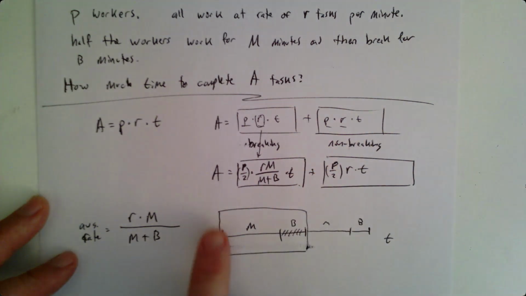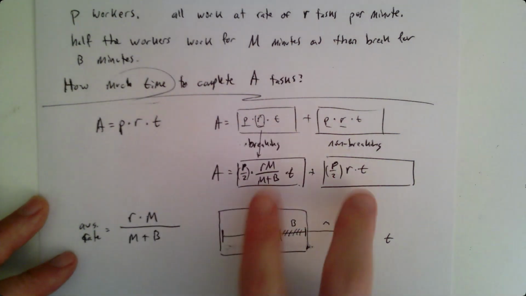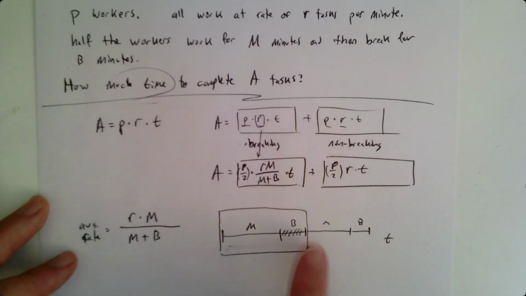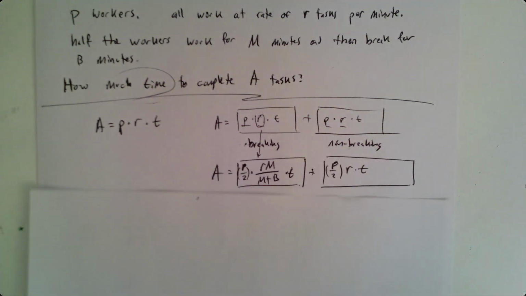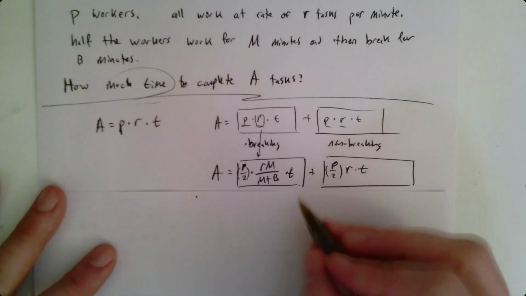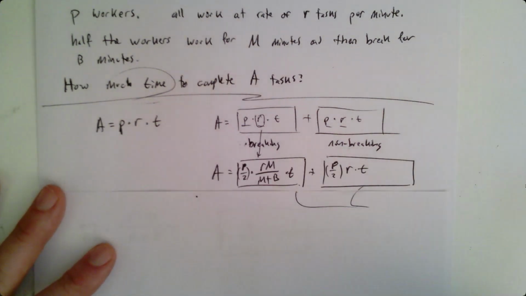Finally, if we want to figure out how much time it is going to take, this model is showing the relationship between all of these variables, but I want to isolate T. So let's bring in a blank piece of paper here. I'll factor out the T on both sides here.